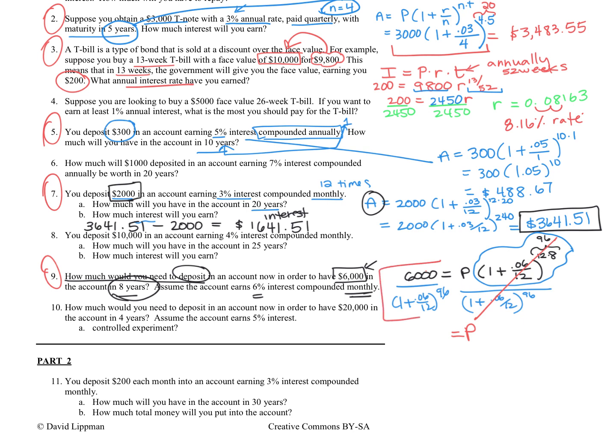And when you enter this into your calculator, again, you write 6,000 divided by, and make sure you put those parentheses on there. It ends up that our P is going to be equal to $3,717.14. So that would have to be our starting amount in order to have $6,000 by the end of 8 years.